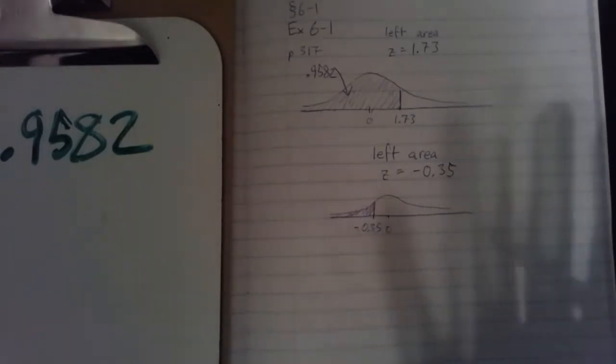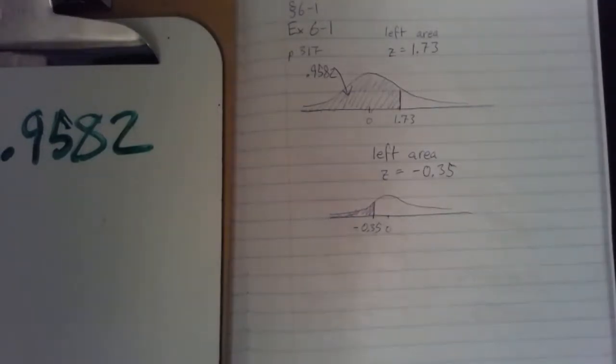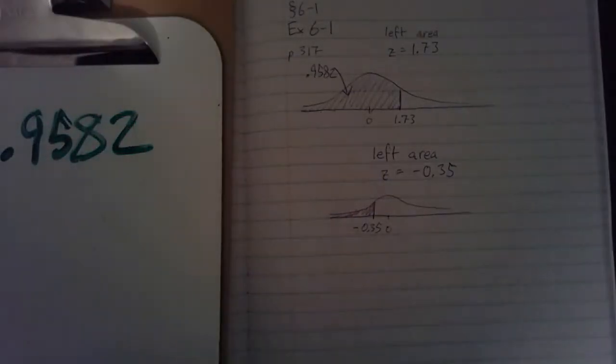That basically just gives us a nice mental picture of what it is that we're going to be looking for. All right, so now go back to the normal table, the cumulative normal distribution table. And now you'll notice that our z-score is a negative number. These are fine. Z-scores can be negative.